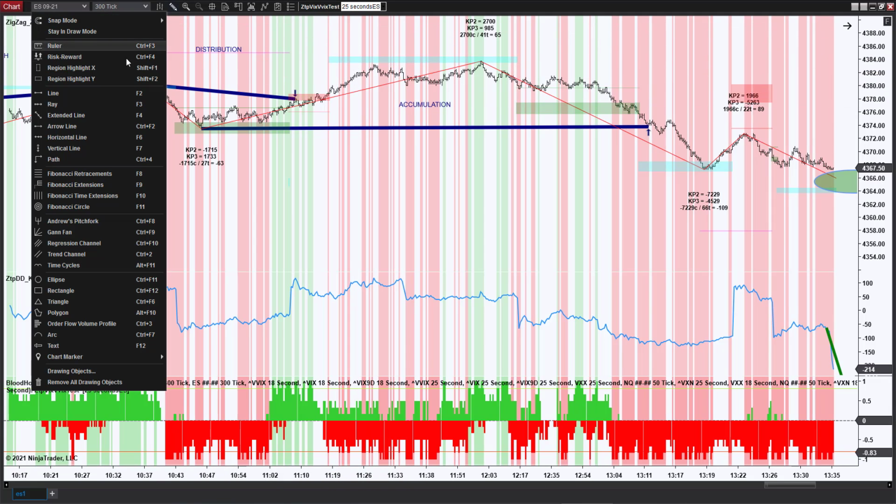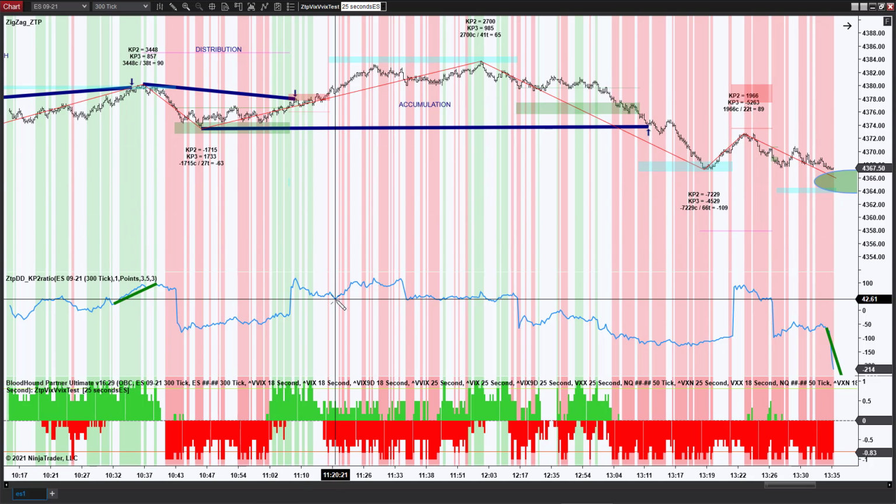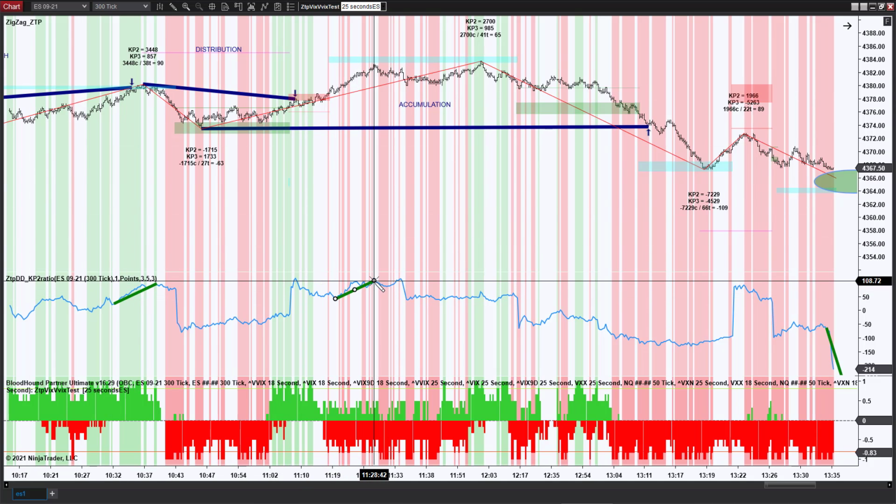And additionally, if we look at the KP2 ratio, which we have just been doing, as price went higher, the ratio went higher, meaning that there was increased resistance.